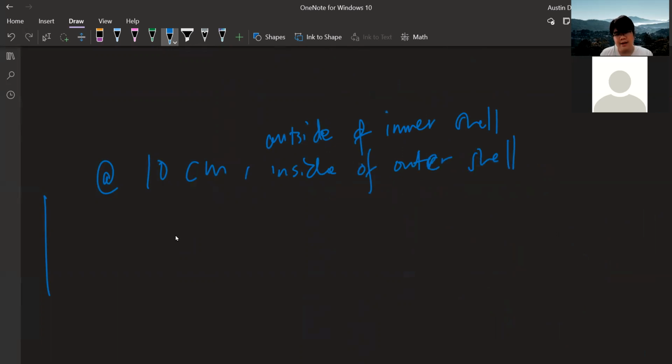Okay, so the V total would just be for the inner shell, kQ1 over R, where R is 0.10, and then plus kQ2. We are inside the outer shell, so that's constant pa rin yung gagamitin ko.